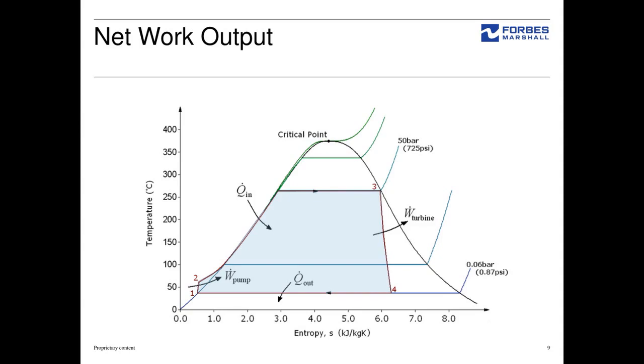So Q in is the heat input, Q out is the heat output in your condenser sink. So we need to think how we can increase the area inside this process. By increasing this area, we can try to increase efficiency of our whole cycle.